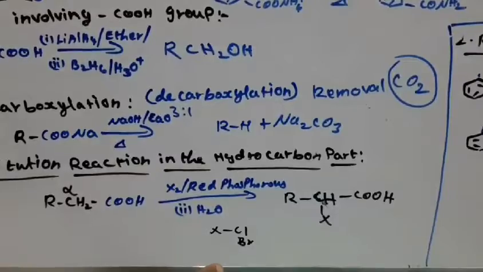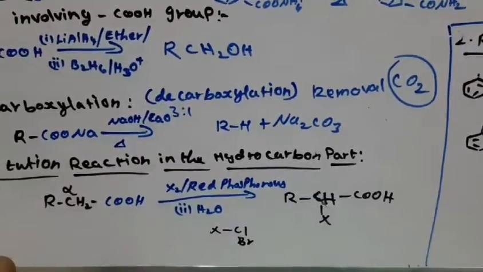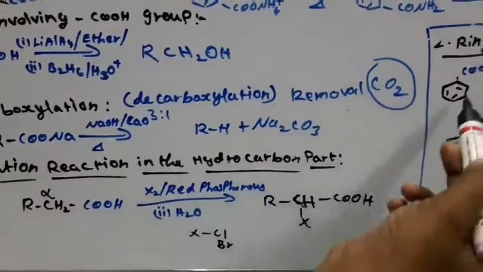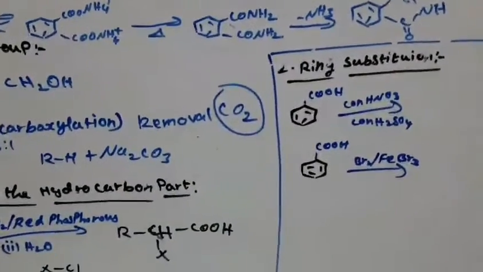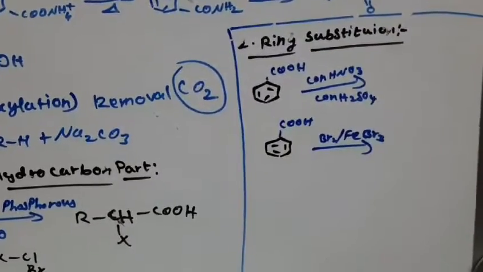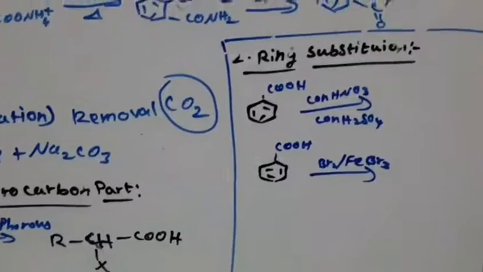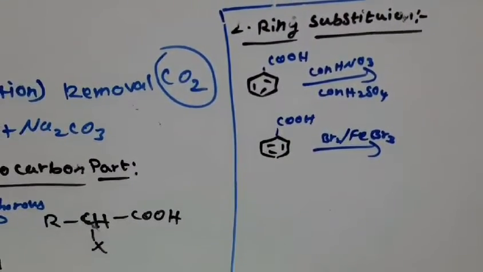And the last one, ring substitution. Aromatic carboxylic acid, this is benzoic acid, undergoes electrophilic substitution reactions. The carboxylic group is a deactivating and meta directing group.